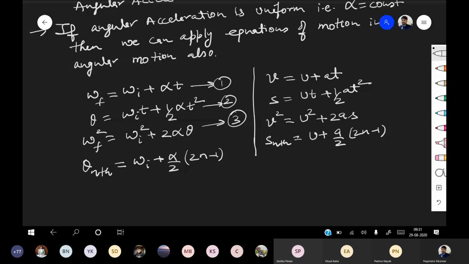That 2 is for the square of omega final, not for theta. Those squares are for the next formula.